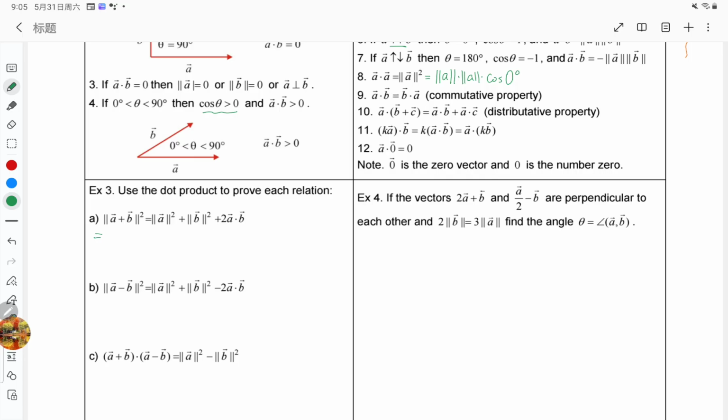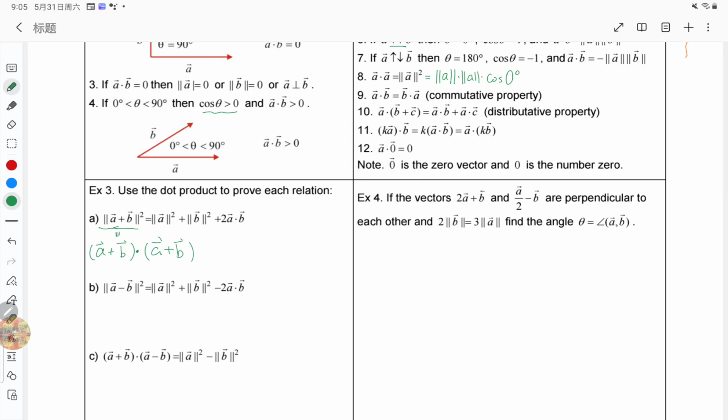Okay, so maybe you can get used to this way of thinking. When we say norm square, another way to write it is inner product. Write it as the inner product of a vector plus b vector with a vector plus b vector, right?